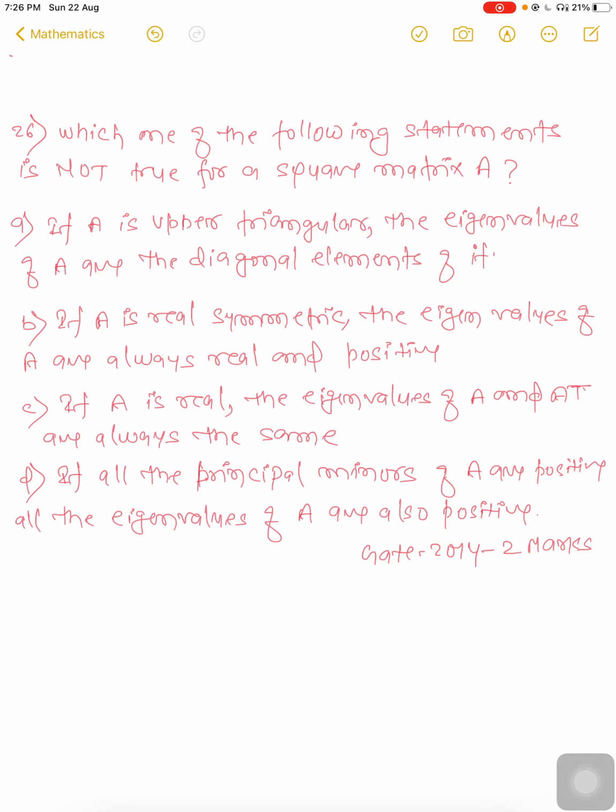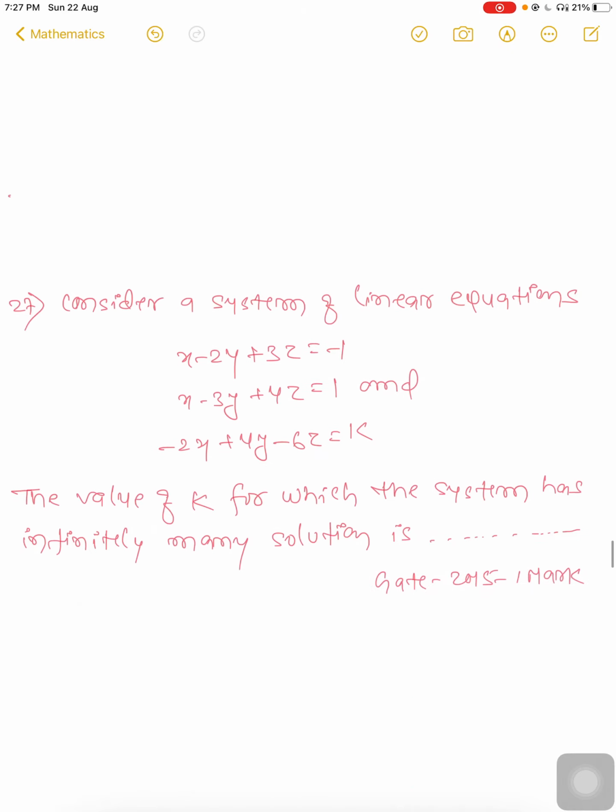B, if A is real symmetric, the eigenvalue of A is always real and positive. Not, it will get imaginary in symmetric matrix. If A is real, then eigenvalue of A and A transpose is always the same. If all the principal minors of A positive, all the eigenvalue of A also positive. It is true. So option B will be the not matching. Okay, so not true will be option B.